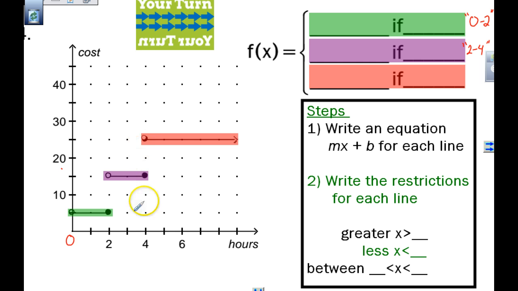And then the salmon color is 4 and above. So how do you write these using an inequality? That means the exact same thing. So anytime you have a beginning and end, always use in between.